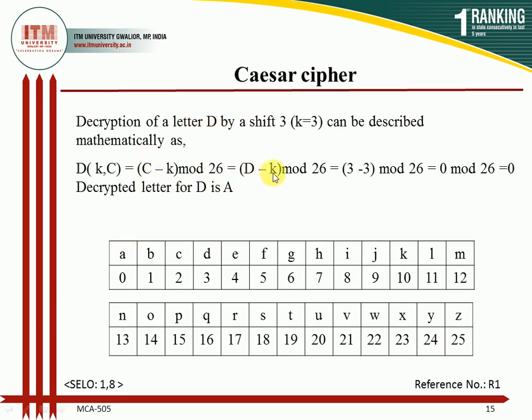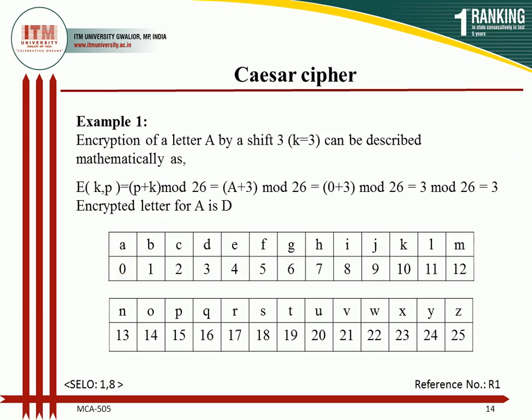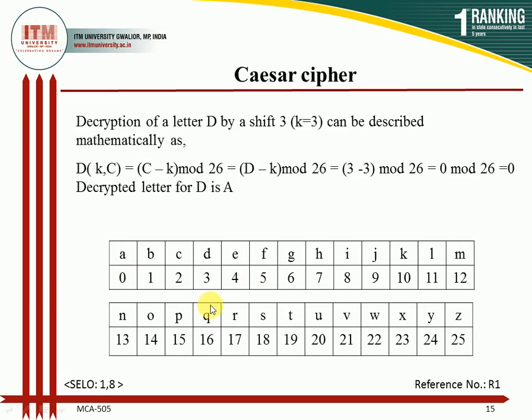So D - K mod 26: the value of D here is 3, so 3 - 3, where K is also 3, mod 26 equals 0 mod 26, which gives 0. What does the number 0 represent? A. So the decrypted letter for D is A. When we encrypt A to D, and then decrypt this D, it converts back into A, which is your original plain text. This is how to perform encryption and decryption in the Caesar cipher.